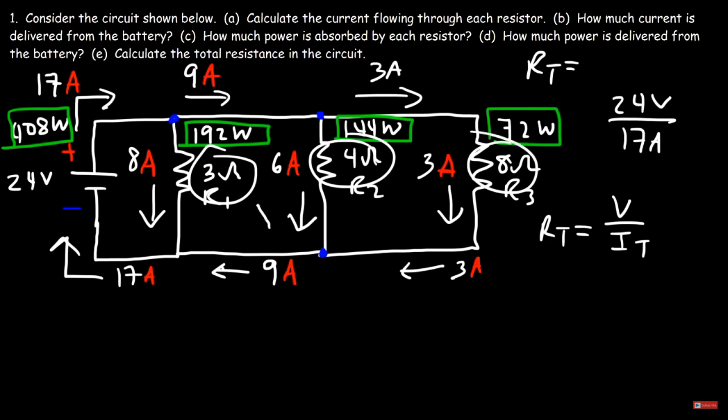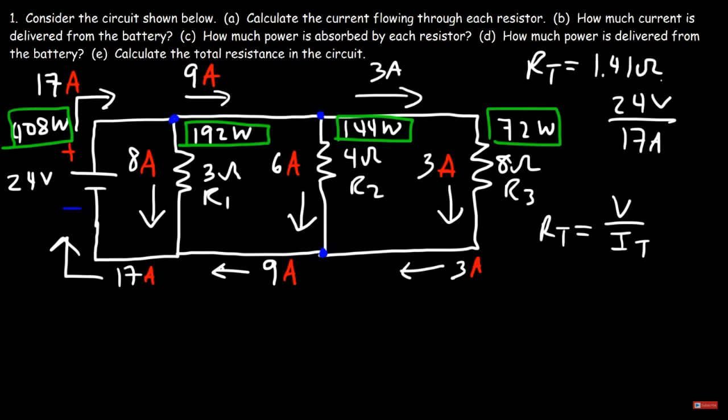The lowest resistance is 3 ohms. Every time you add a resistor in a parallel circuit, the total resistance decreases. In a series circuit, every time you add a new resistor, the total resistance increases. So if we take 24 and divide it by 17, you'll get an equivalent resistance of 1.41 ohms.